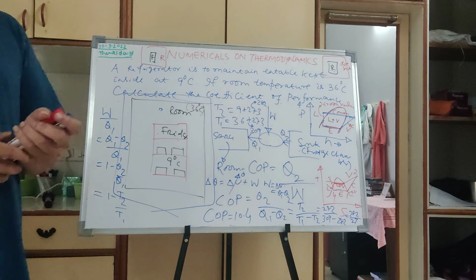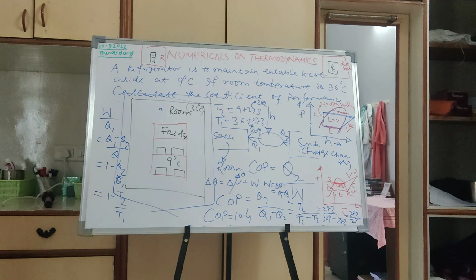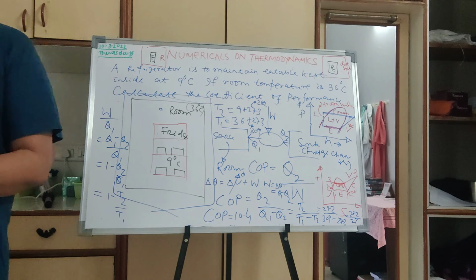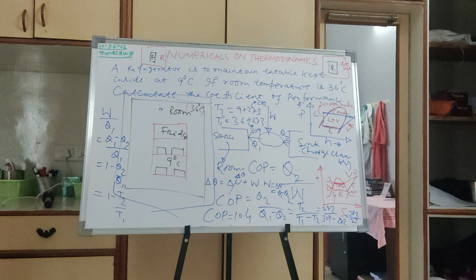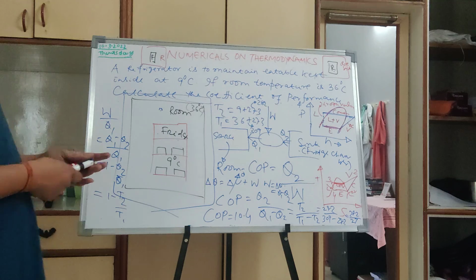So the capacity of an air conditioner or fridge is not only told in terms of the volume of the refrigerator, like 165 liter or whatever. Another capacity of a refrigerator is told in terms of tonnage. Okay. So tonnage means cooling.